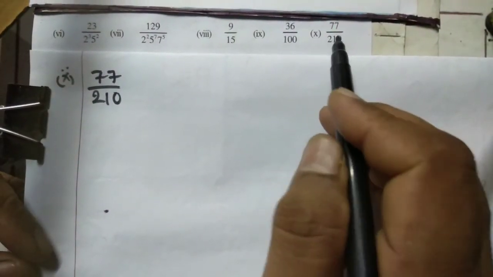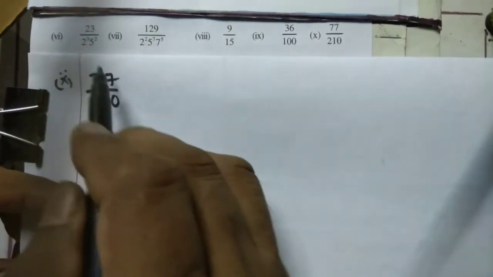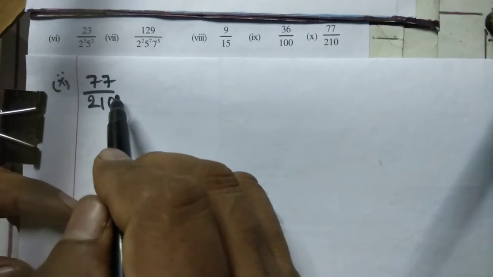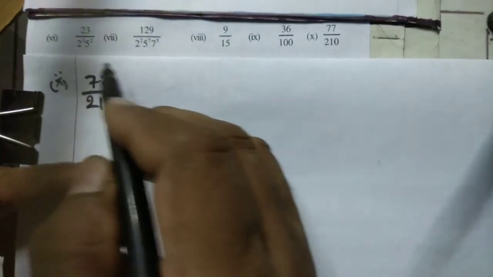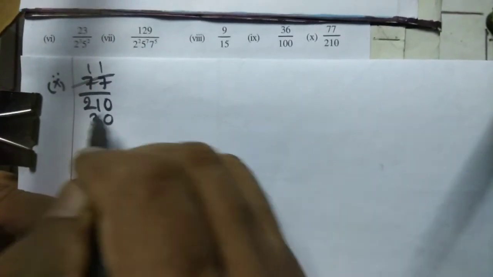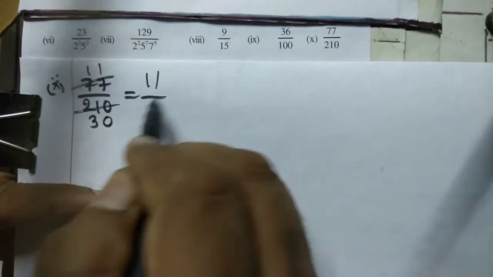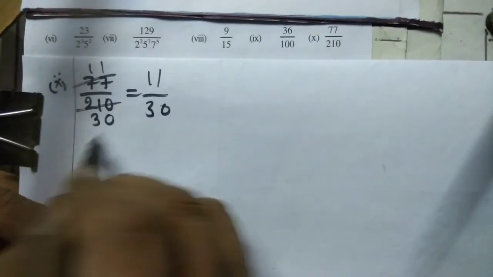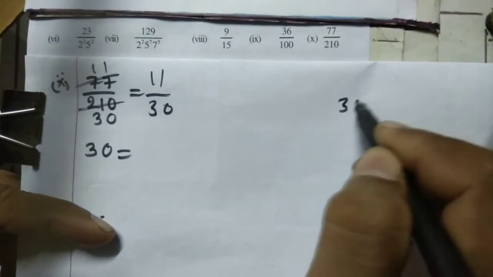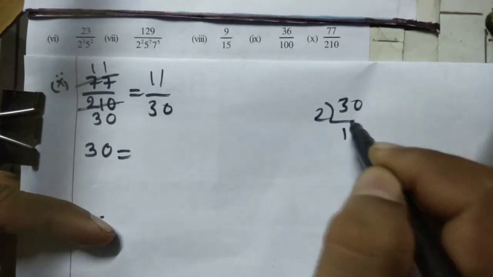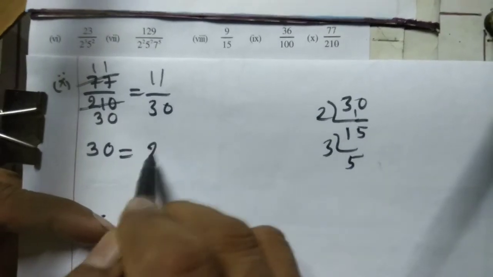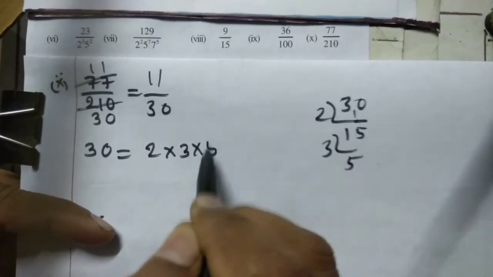Tenth question, 77 by 210. It is not in simplest form, so we have to make it in simplest form first. 7 11s are 77, 7 30s are 210. So 11 by 30. The denominator 30 we have to write like this: 2 into 3 into 5.